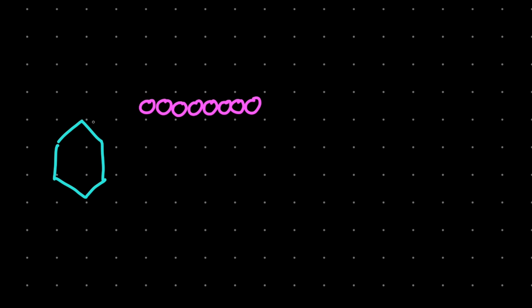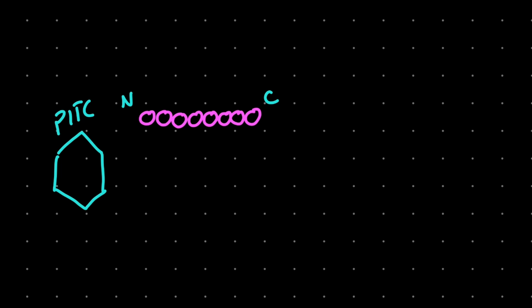This is just a symbol, it's not representative of the actual structure of PITC, but as a conceptual look, this is PITC. Imagine this polypeptide has an N-terminal and a C-terminal. Remember that all amino acids have an N-terminus and a C-terminus.